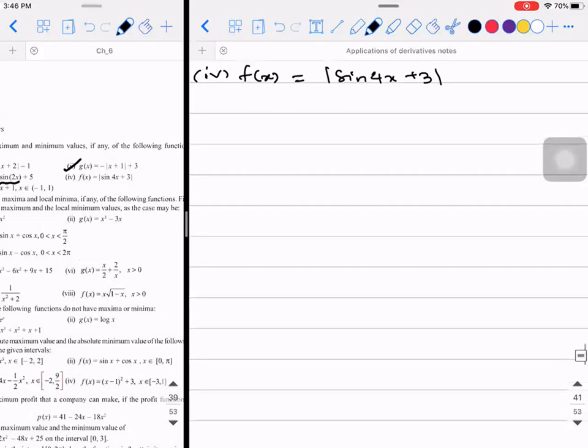Wherever modulus is there, first we need to split the function and write it. No?